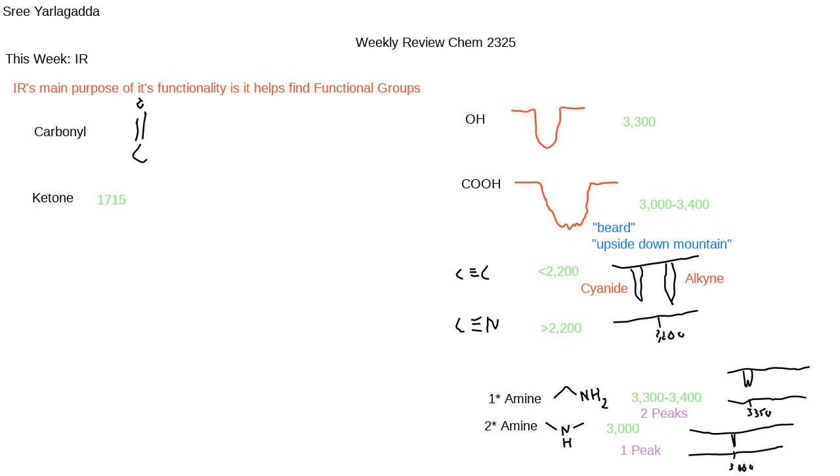And the reason why I say don't pay too much attention to the specific numbers, but that it's going to be relatively within the area, is because different resources, like different textbooks, online or in lecture, you might hear different numbers. That's why in lecture they give you a range, or they show you on the graph. Okay, but ketone is usually one of the lower numbers.